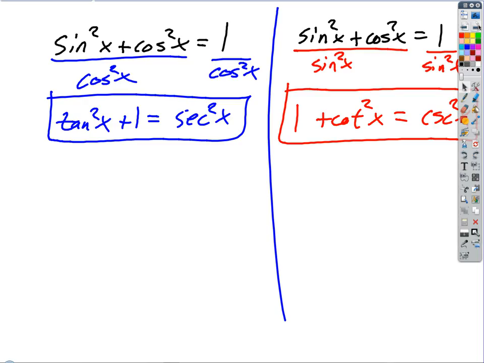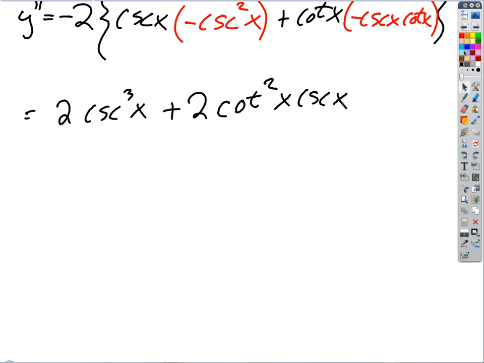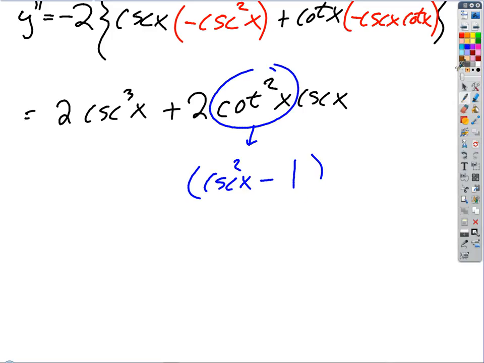Cotangent squared x would just equal cosecant squared x minus that 1. We'll push it over the other side, right? Good. So let's make that trade. This guy becomes the quantity cosecant squared x minus 1. Everything else stays the same.